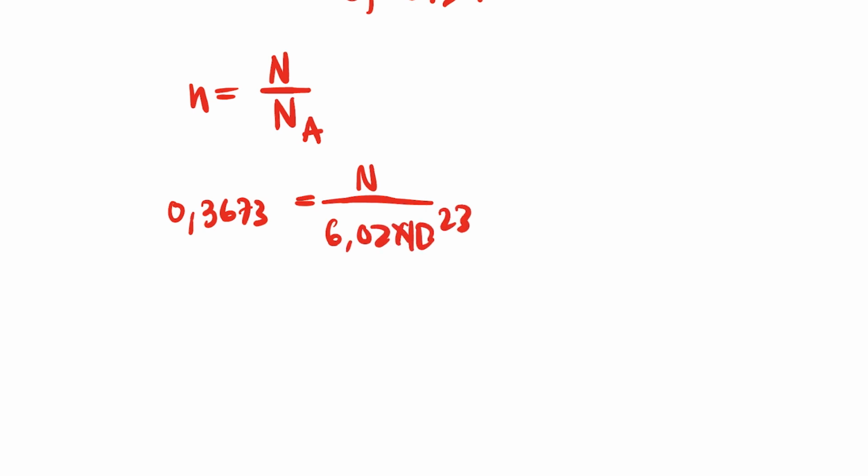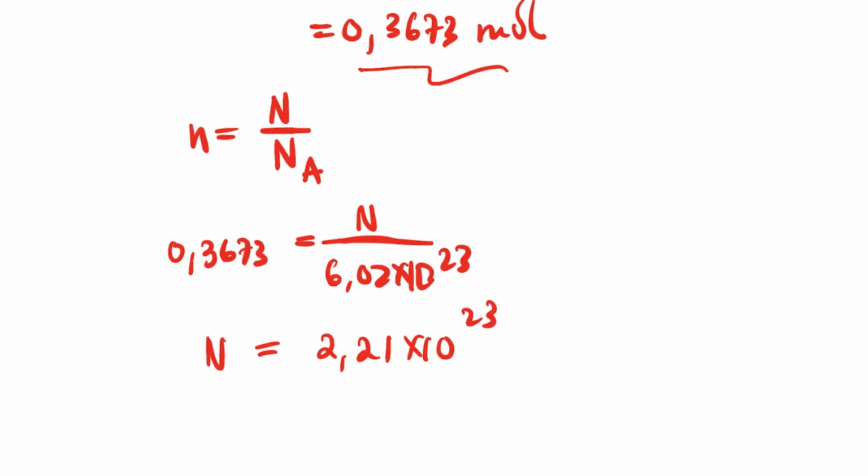When you punch that in the calculator, you times the answer you already have by the Avogadro. So the number of particles is 2.21 times 10 to the power 23.